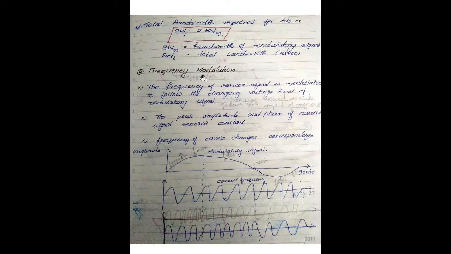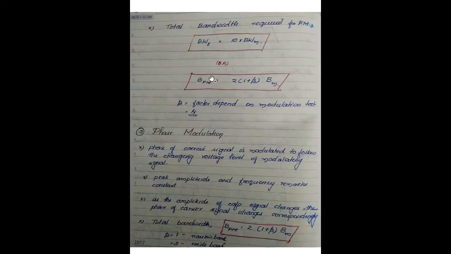That is what is called frequency modulation. Here you have a formula: bandwidth total equals 10 times the bandwidth of the modulating signal, or otherwise you have a factor, the beta factor, which depends on the modulation.